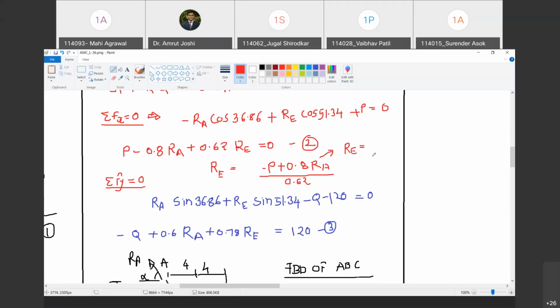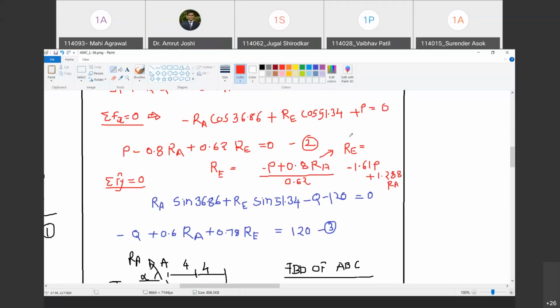Tell me, 1 upon 0.62 is how much? 1.61. So minus 1.61 times P. And what is 0.8 upon 0.62? 1.288. So plus 1.288 times RA.